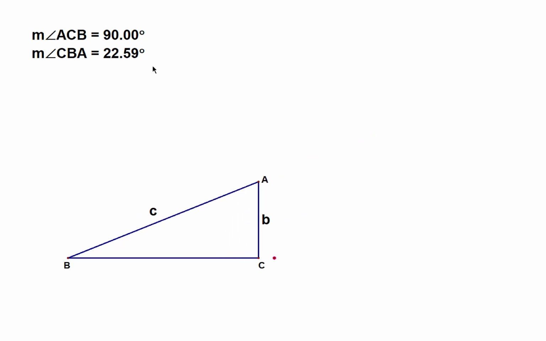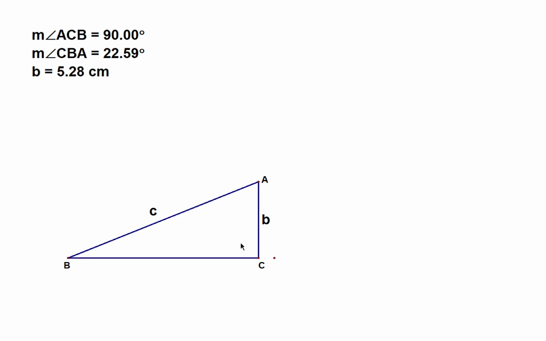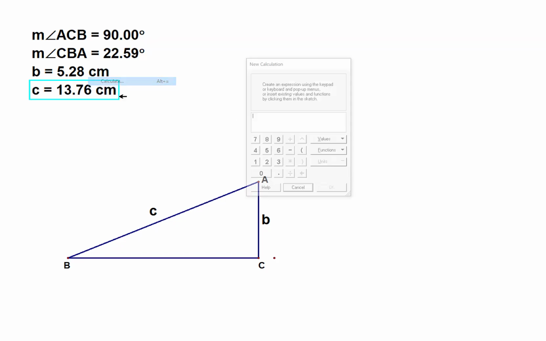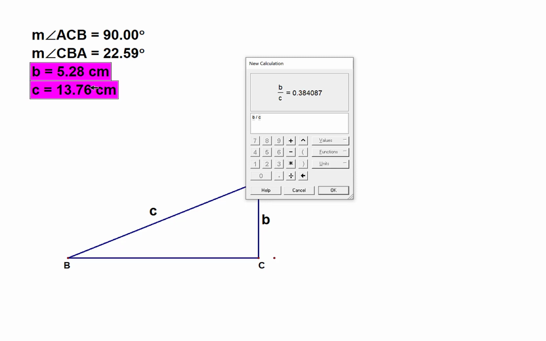Now notice this: if I change the triangle so that all the sides are proportionately increasing, then the triangles are similar and the angle remains the same. When the angle remains the same, say I measured the length of b, and I measured the length of c, and then I calculated their ratio, that is, b divided by c.